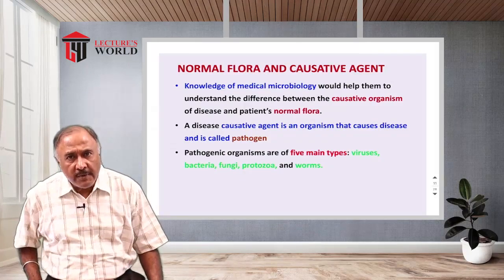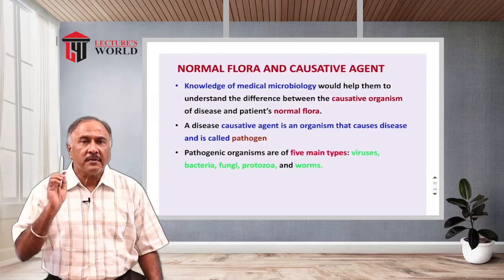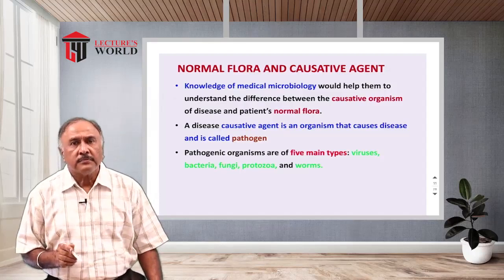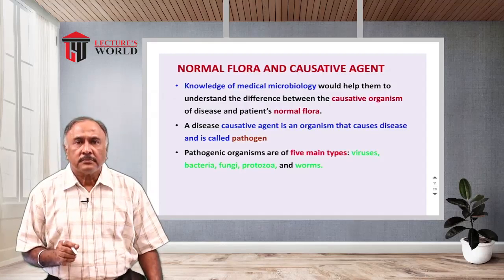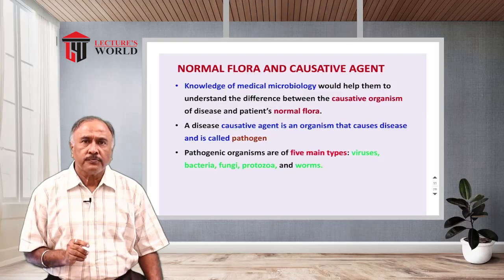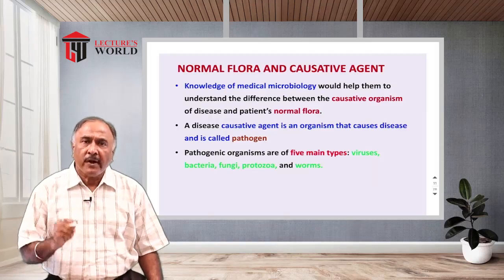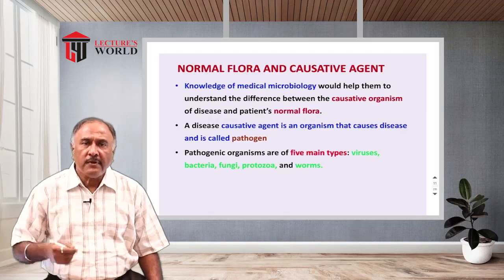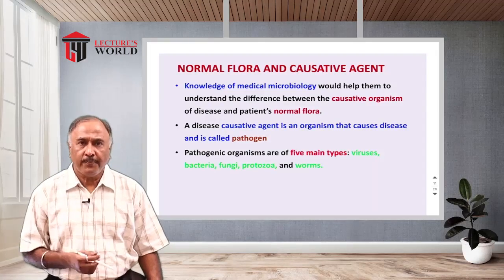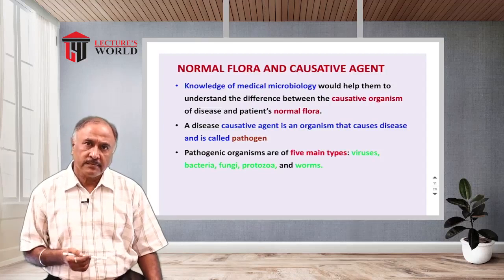While the causative agent means the organism which is responsible for that disease. We had seen it in an earlier lecture, Koch's postulates given by Robert Koch, which established that for a pathogen, these four postulates should be looked upon. For every disease, there is a causative agent.